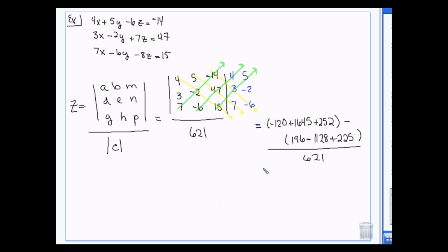Add up each set of parentheses, and I get 1777 minus negative 707 over 621.